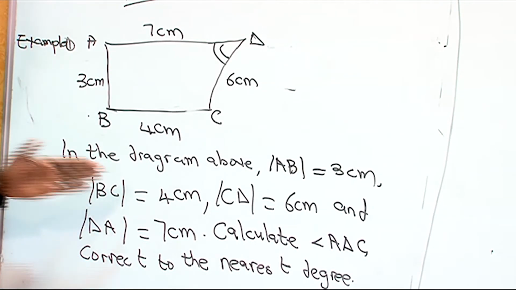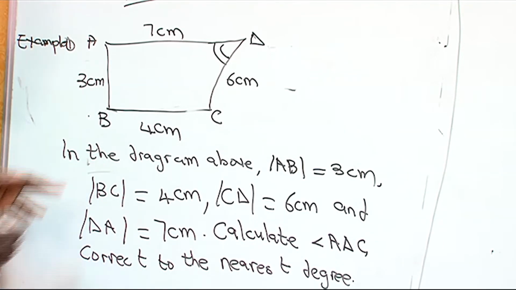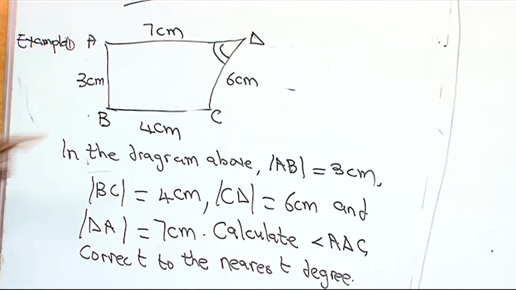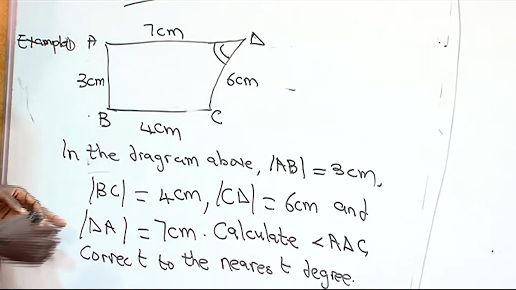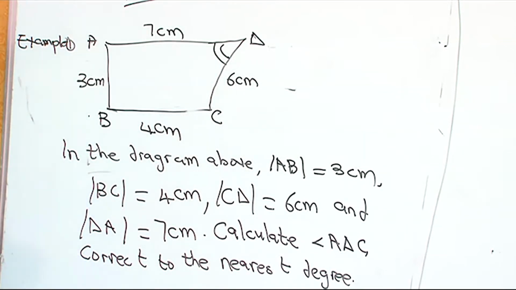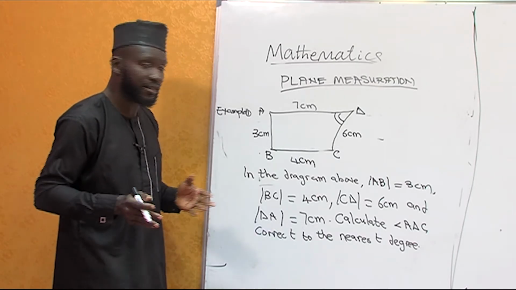Then we are given BC to be equal to 4 centimeter. Then CD to be equal to 6 centimeter. And DA to be equal to 7 centimeter. We are asked to calculate angle ADC, correct to the nearest degree.